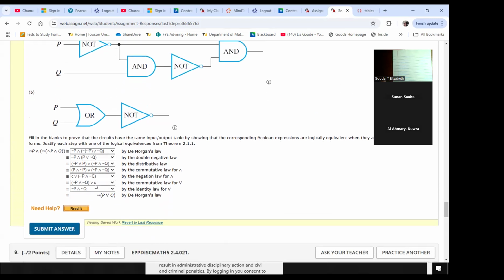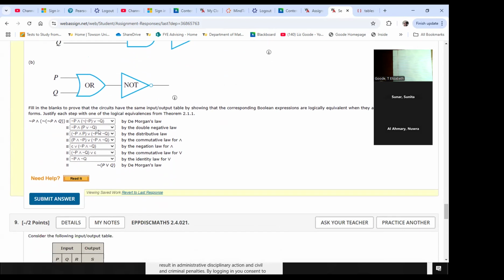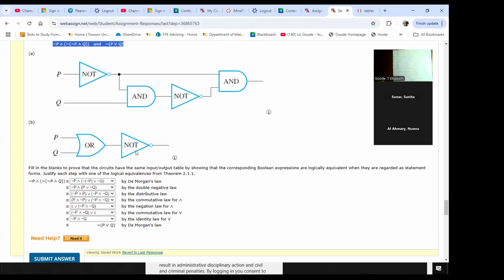There are two ways to get at logically equivalent circuits: you can attack their Boolean expressions using these laws of logical equivalence like we did here, or you can build the IO tables for the two circuits and compare them. They'll have to be identical.